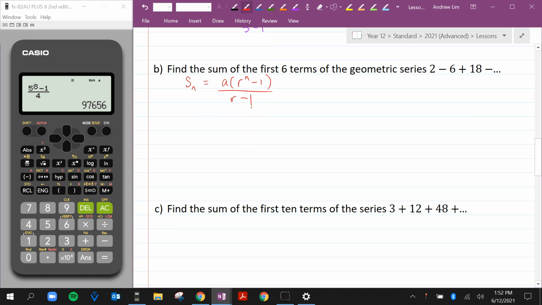What is the ratio? First of all, the first term is 2. The ratio is minus 6 divided by 2, which is minus 3. Or we could have done 18 divided by minus 6, also minus 3. And the number of terms is 6 according to this question.